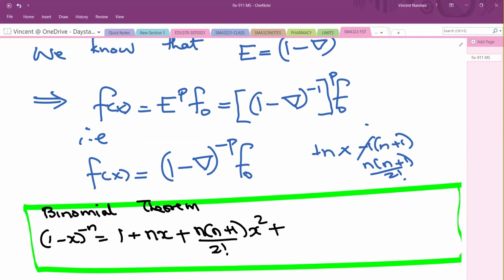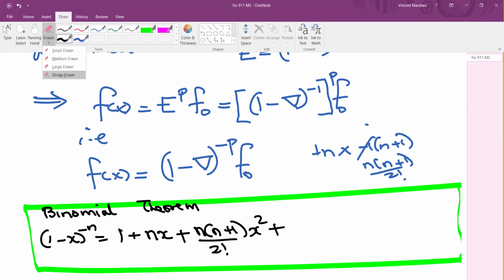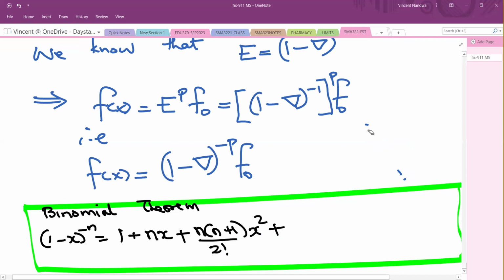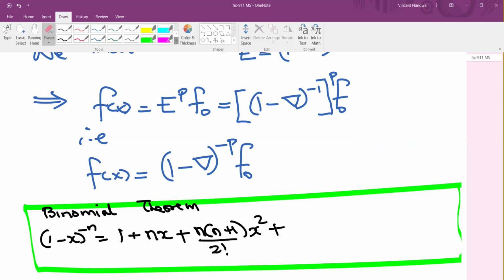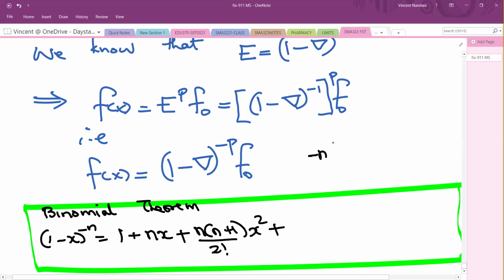Yes. Let's check and see whether they will be negative or still positive. We are just changing the role of n, so where there's n, we put negative n. So we'll have negative n into negative n minus 1, negative n minus 2, over 3 factorial into minus x power 3. This is what we'll have.